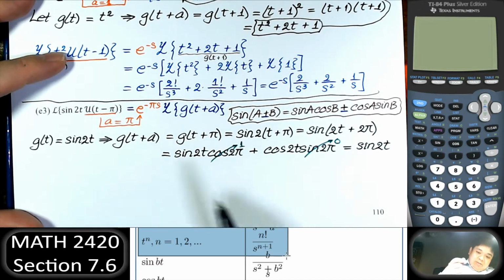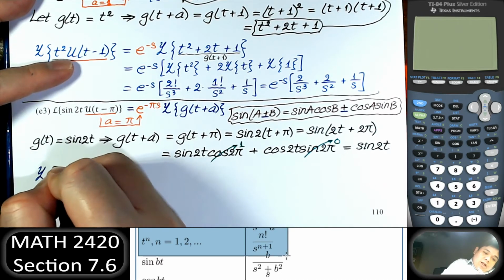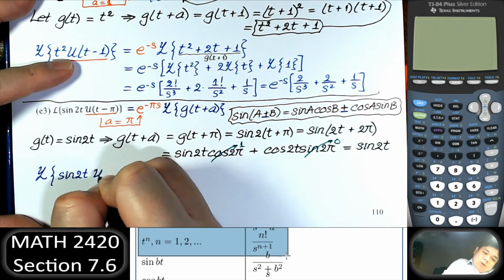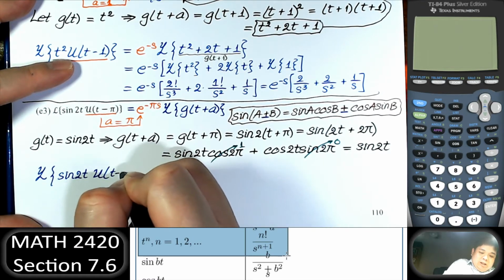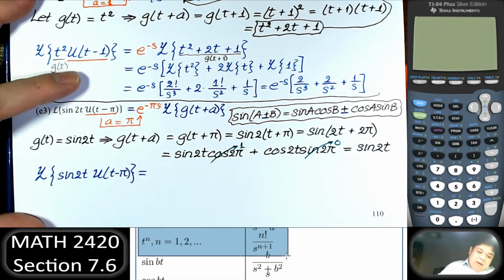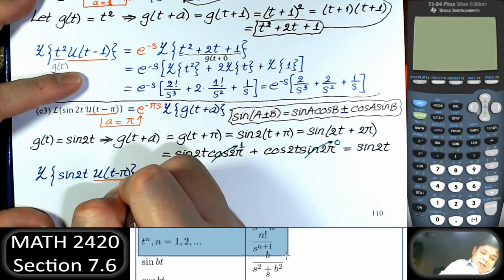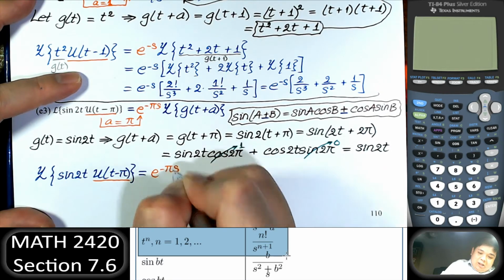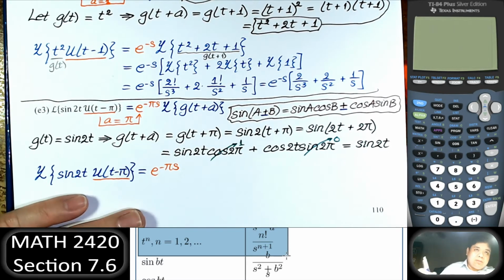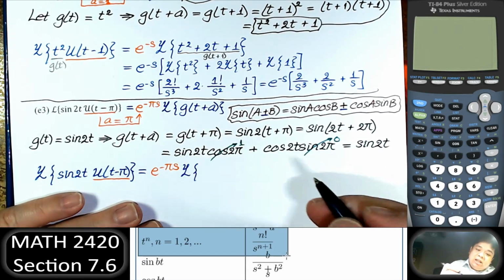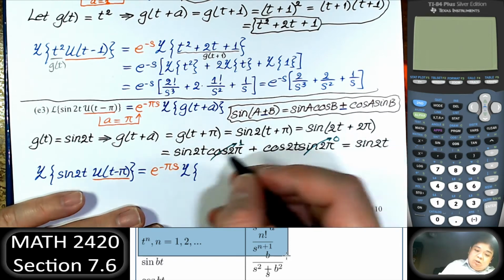Now go back to our problem. Laplace transform of sine of 2t u of t minus pi. First replace this with e to negative pi s, and then Laplace transform of g of t plus a, g of t plus pi, or sine of 2t.